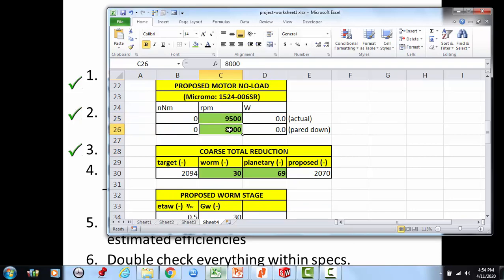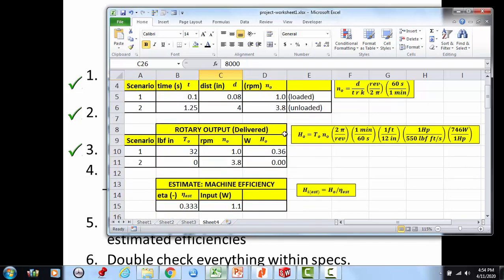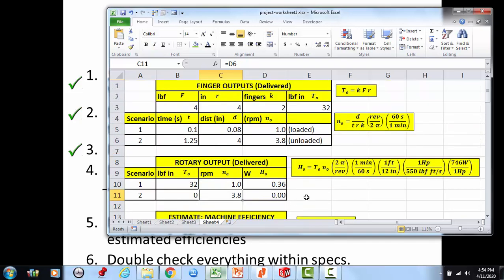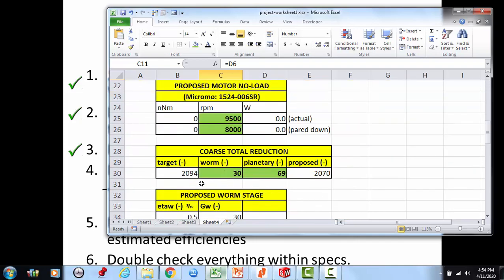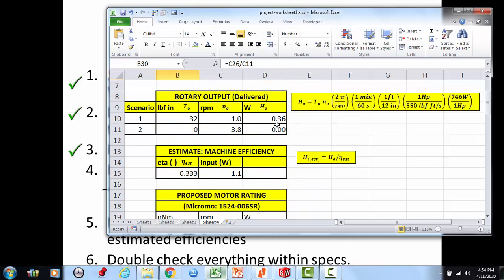So if we're looking at getting a reduction between this motor of 8,000 RPM, sort of pared down a little bit, and that 3.8 RPM of what the fingers would be doing. So that's what this target total ratio is. It is C26 divided by C11.